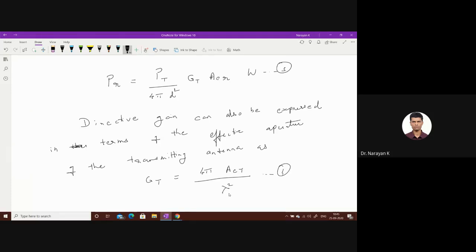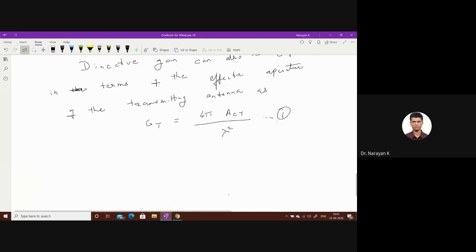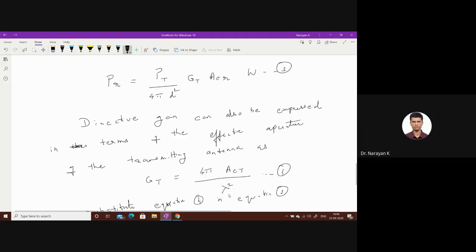Call this equation number 4. Substitute equation 4 in equation 3. So instead of GT, substitute 4 pi AET divided by lambda square.